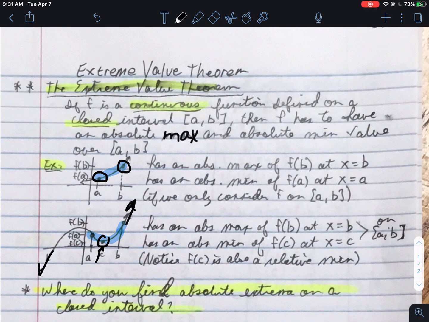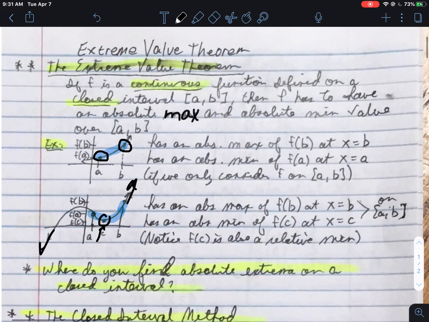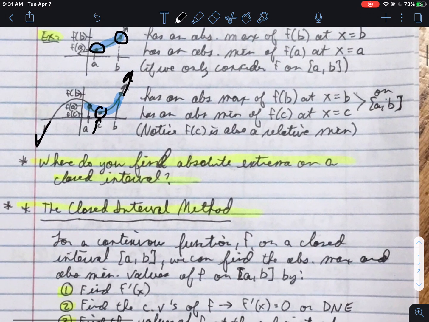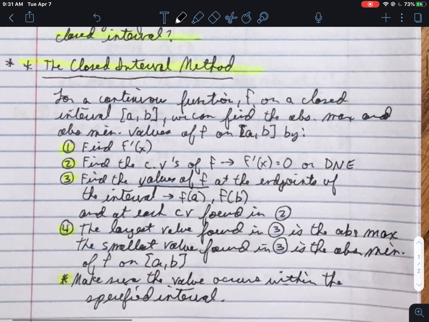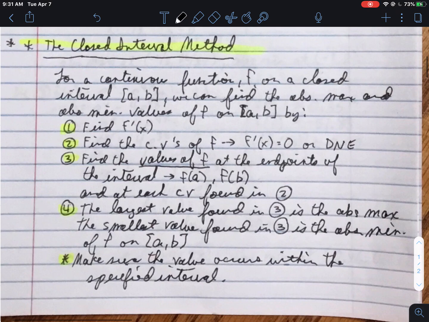So it makes these actually pretty easy to find. If I'm looking at a closed interval or a specific interval on the graph of our function, and I'm identifying over that interval an absolute maximum and absolute minimum value, because it's a closed interval, I guarantee you that there is an absolute max and there is an absolute min. So where do I look for them?